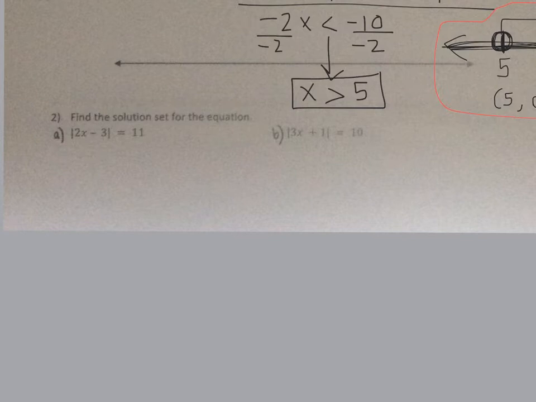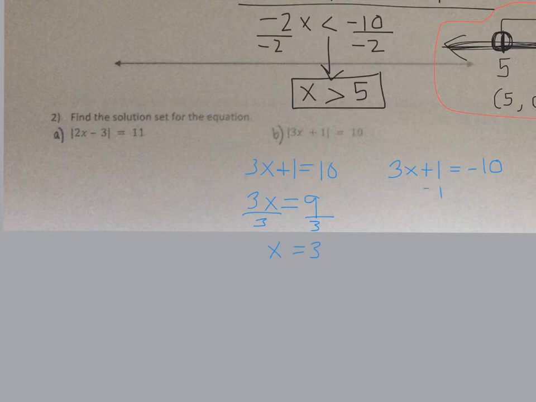We have to say that 3x plus 1 is equal to positive 10, and 3x plus 1 is equal to negative 10. And we will solve each of those. So that ends up being 3x. I'm going to subtract the 1 over. 3x equals 9. Divide both sides by 3. We end up with x equals 3.